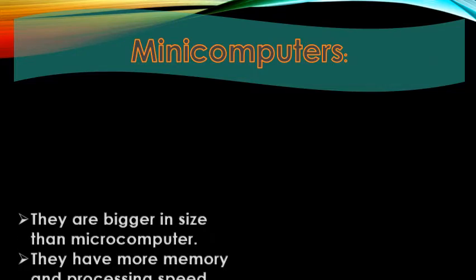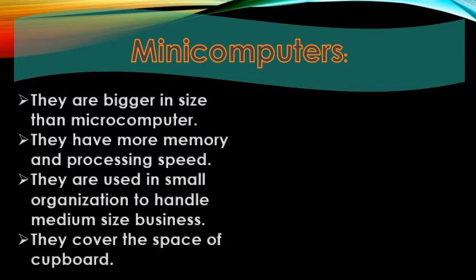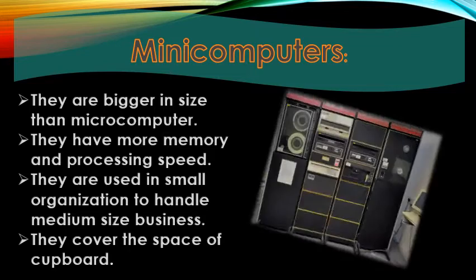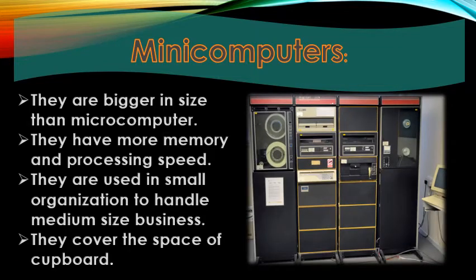And here comes the next type of computers according to the size, and that is mini computers. They are bigger in size than microcomputers. They have more memory and processing speed. They are used in small organizations to handle medium-sized business, and they cover the space of a cupboard.